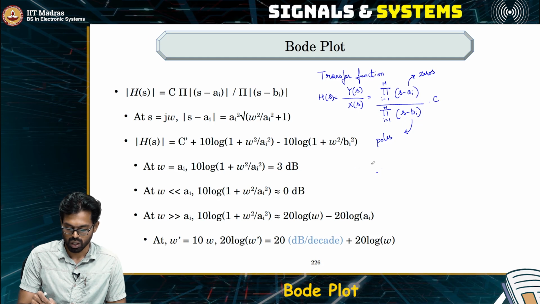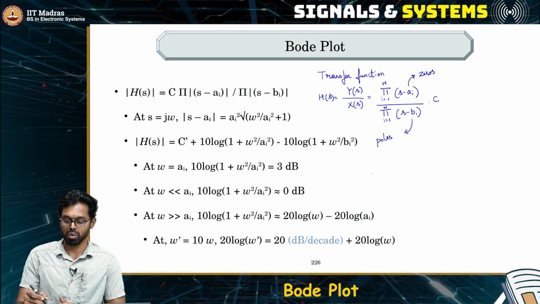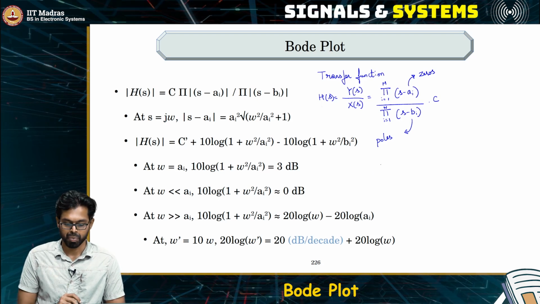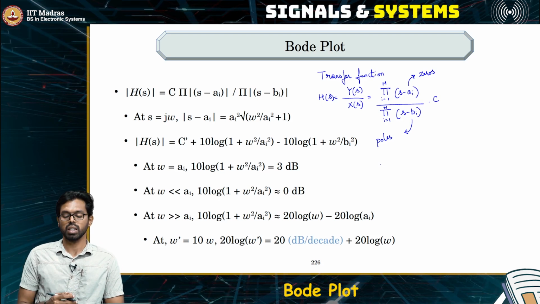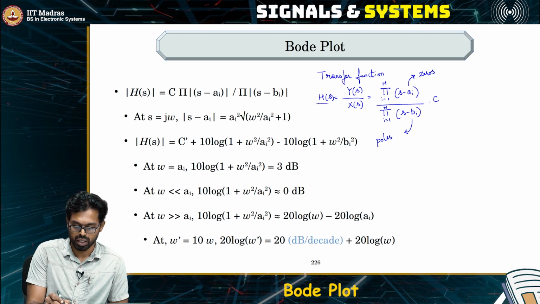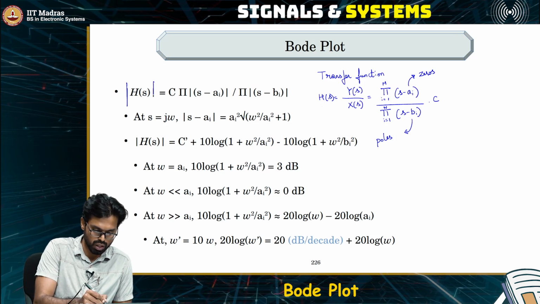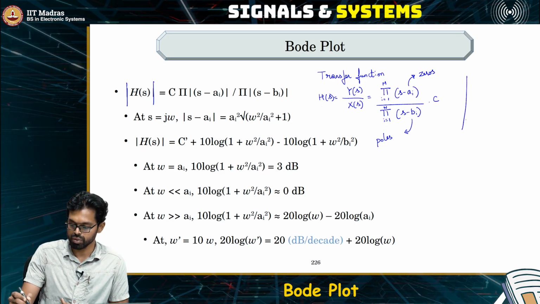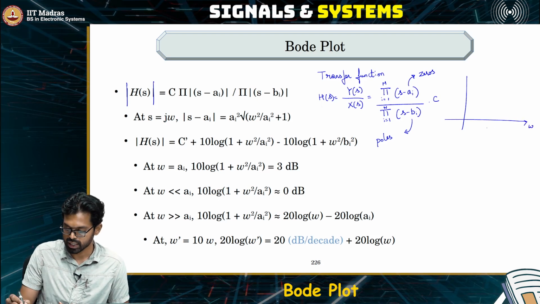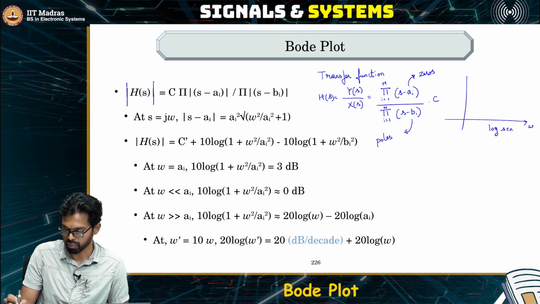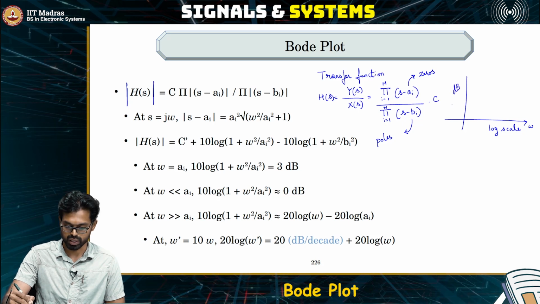Now we can plot this in a little approximate fashion and get to understand a little more about the system. For example, we can plot what is called the Bode plot. A Bode plot is basically nothing but an approximate plotting of the magnitude of the transfer function. You compute the magnitude of the transfer function and then plot it as a function of frequency omega, where the x-axis is in the log scale, and the y-axis is in the dB scale, which means that is also in the log scale.